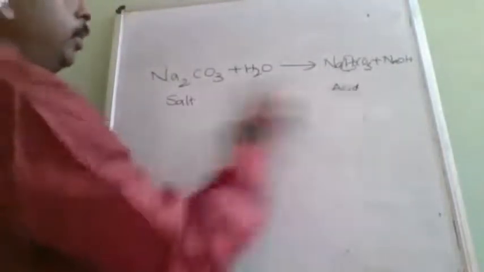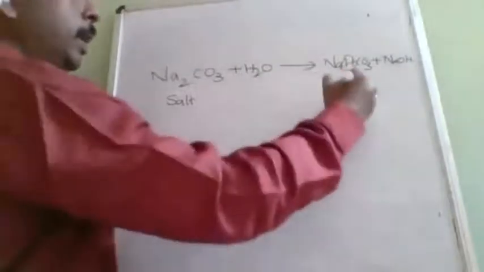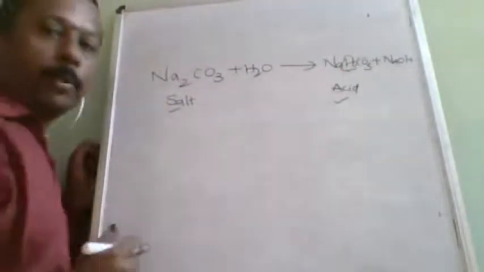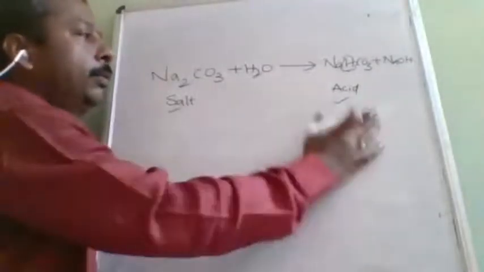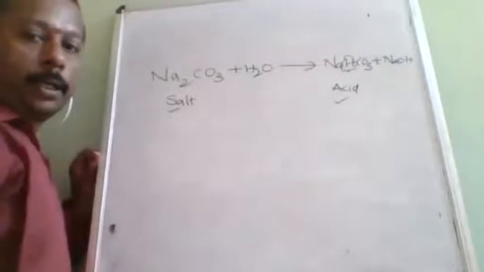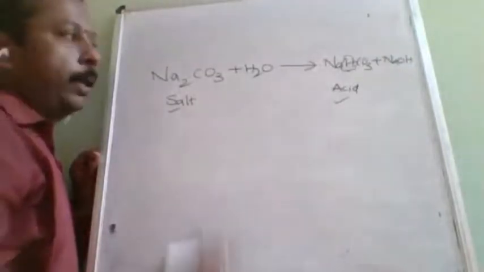Understood? So here which should be left over? This acid should be left over, and the salt should also be left over. If the Na2CO3 is converted into NaHCO3, then it has the capacity to undergo further reaction.